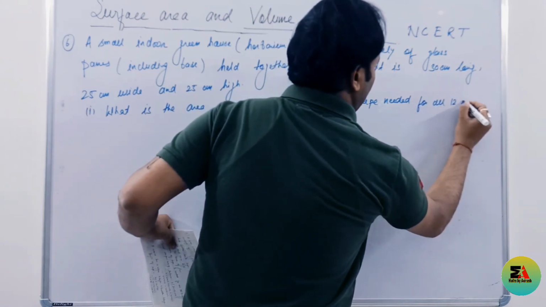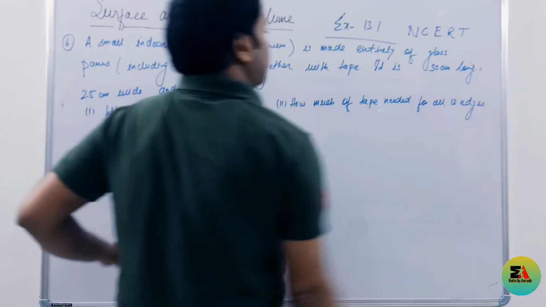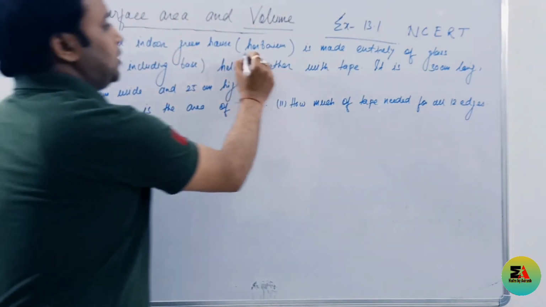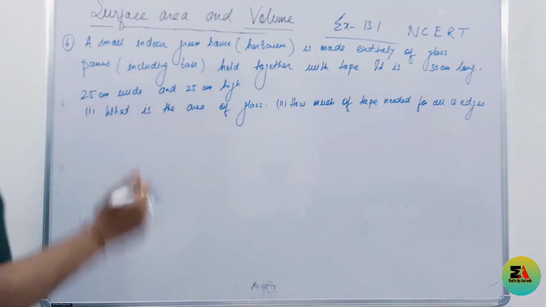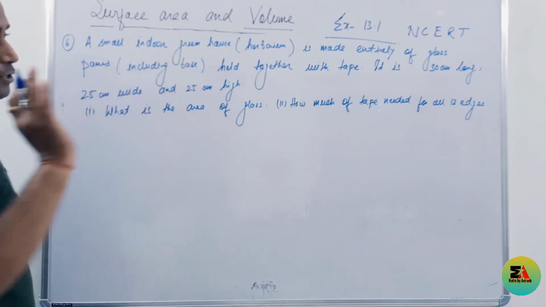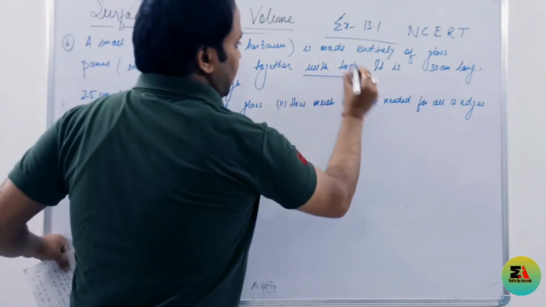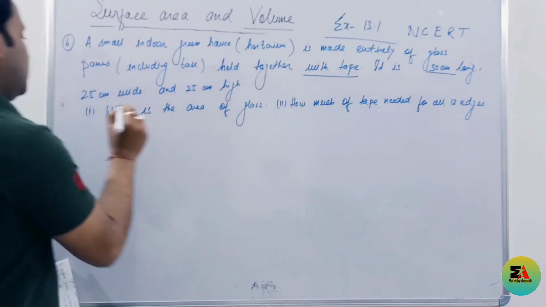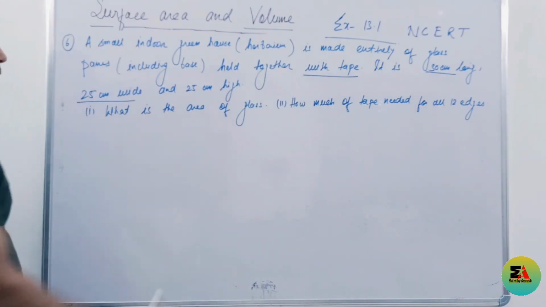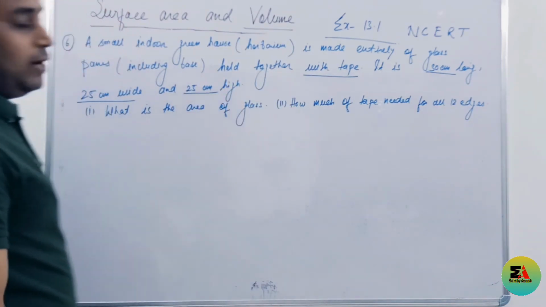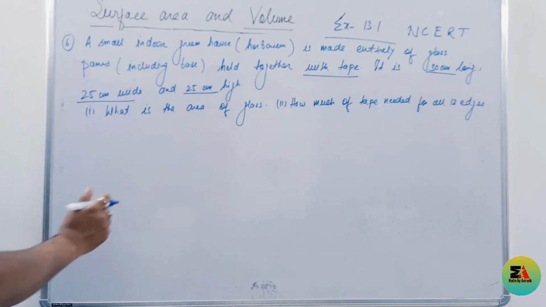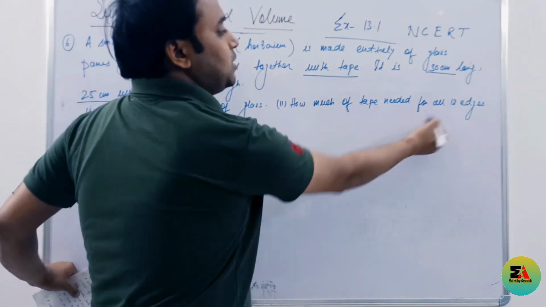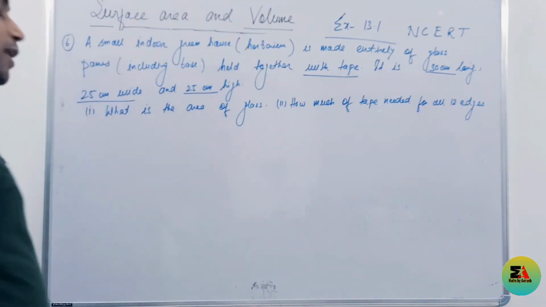Clear? The question said a small indoor greenhouse herbarium is made of glass, including its base, with the help of tape. Length is 30 centimeter, breadth is 25 centimeter, and height is 25 centimeter. So we have two cases. First case is the area of the glass, and second case is how much tape is needed for all 12 edges.